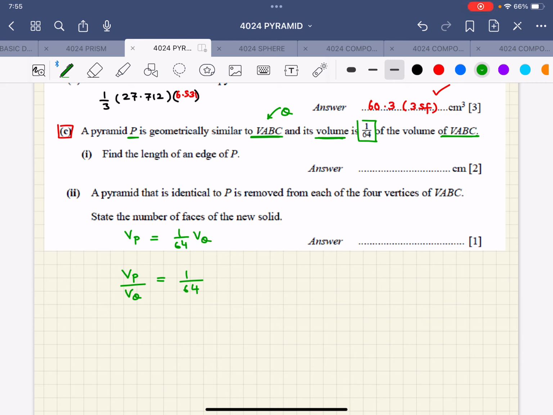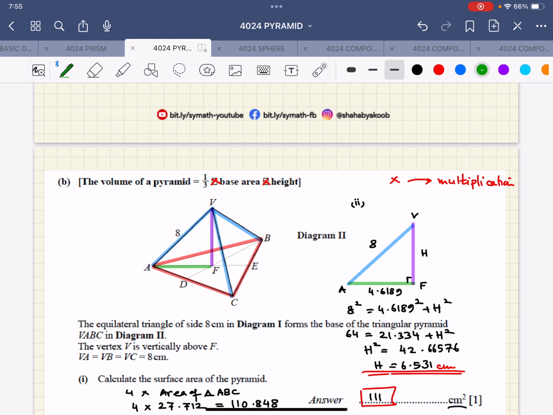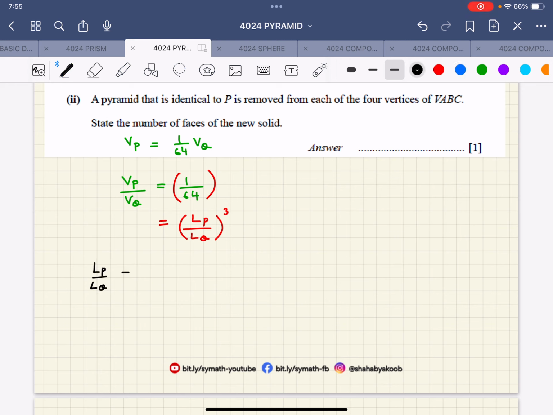Now it says find the length of an edge of P. Now, do we have the length of an edge of this triangle? Yes, we have, which is 8. So therefore, I can write the ratio of length of P to length of Q. So LP is to LQ is the cube root of 1/64.